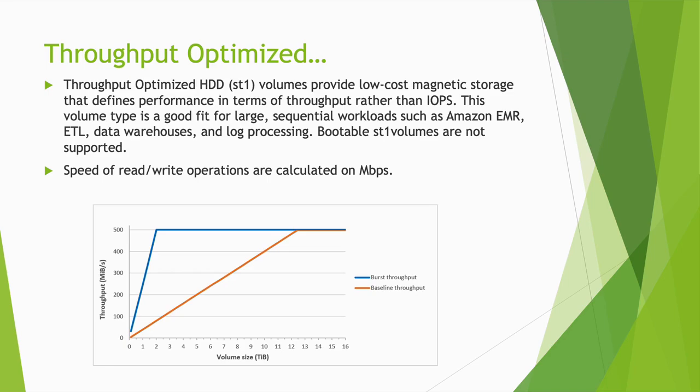However, these throughput optimized volumes are used to store less accessed files like streaming content, data warehouses, log processing, and bootable volumes. The speed of these throughput optimized storages is calculated in MBps, I mean MB per second.